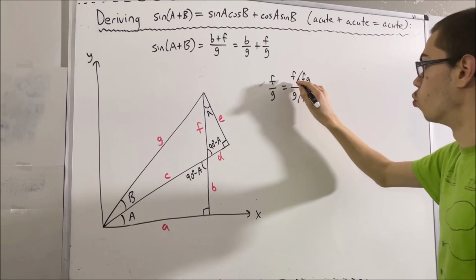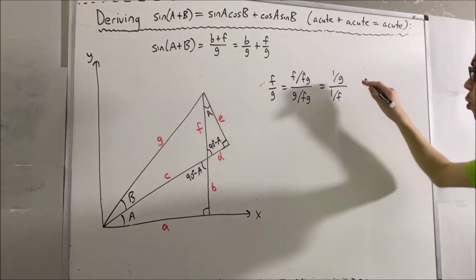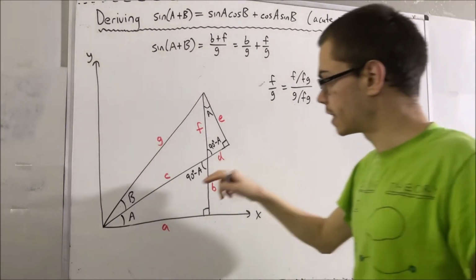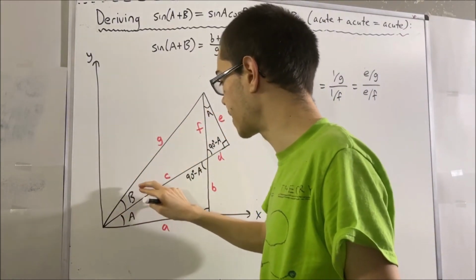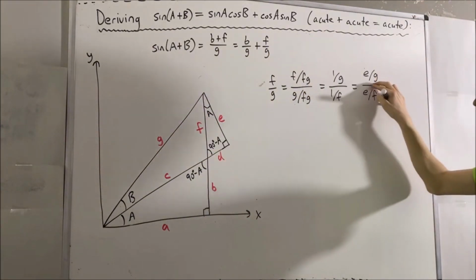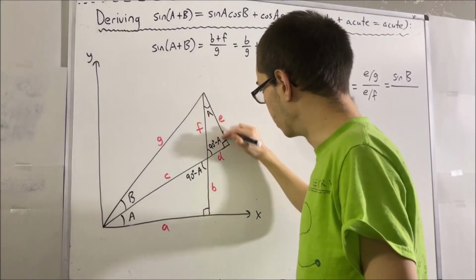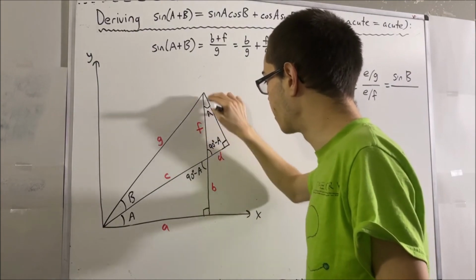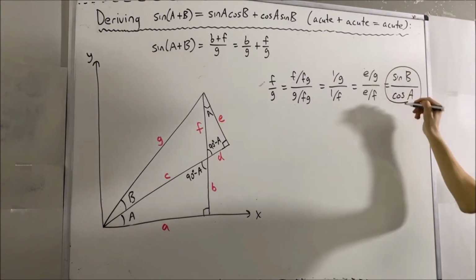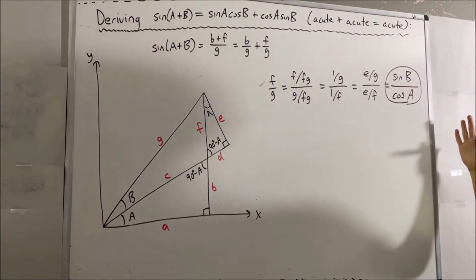And we know that the numerator is just 1 over G, and the denominator is just 1 over F. Next, I'm going to multiply both the numerator and denominator by E. But really, if you look at the triangle containing angle B, we say that the sine of B is equal to opposite over hypotenuse, which is E over G. So E over G is the sine of B. In addition, we see for this little triangle that the cosine of A is adjacent over hypotenuse, which is E over F. So really, E over F is the cosine of A. And so now we have re-expressed F over G in terms of trig ratios. And so that's exactly what we wanted to do.